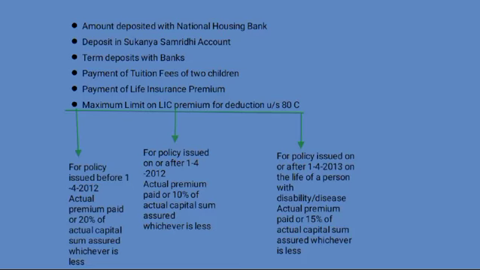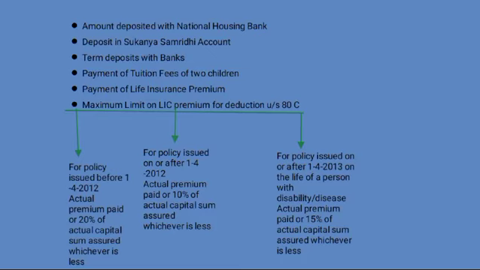So the maximum limit on LIC premium for deduction under section 80C is divided into 3 categories. First is for the policy issued before 1st April 2012. In this case, actual premium paid or 20% of actual capital sum assured, whichever is less, shall qualify for deduction.